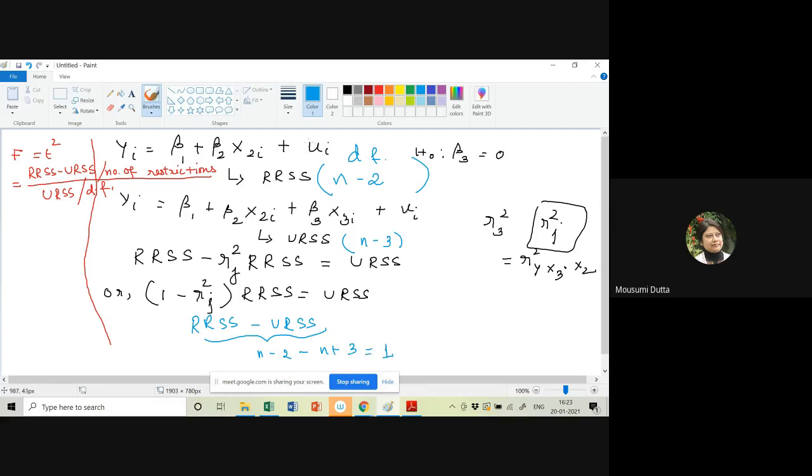So the number of restrictions is actually the difference of the degrees of freedom of these two RSS, and in our example this is equal to 1. Remember, the number of restrictions is nothing but the difference of degrees of freedom of RRSS and URSS.